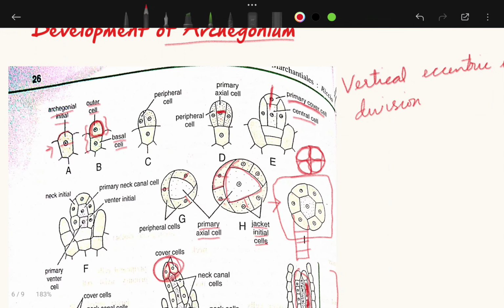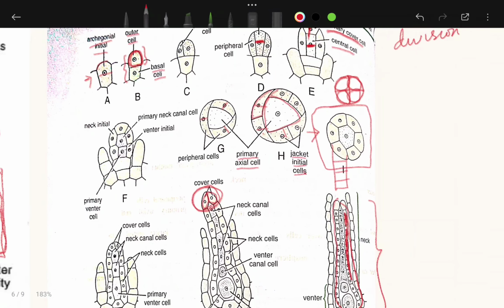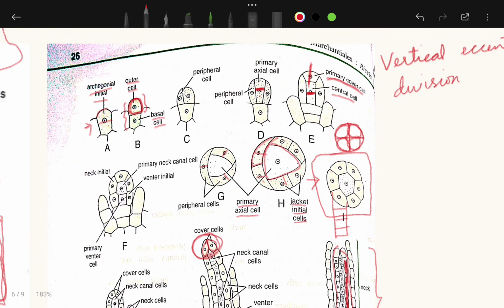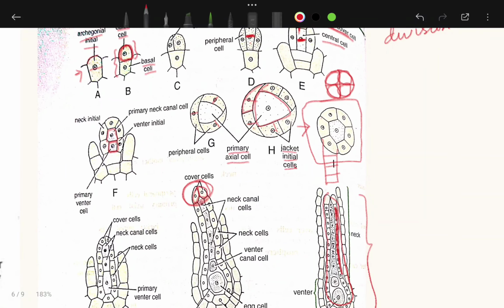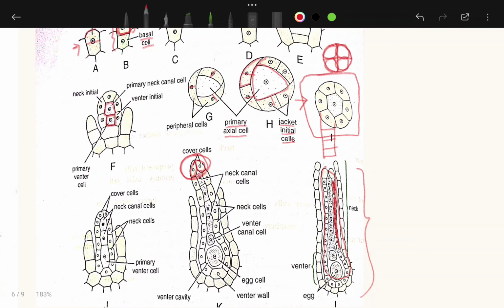Now this central cell will undergo one more transverse division, and this will give rise to 2 types of cells: the venter initial cell and the primary ventral cell. The upper cell will keep on dividing transversely in this manner, and this will give rise to the neck canal cells.